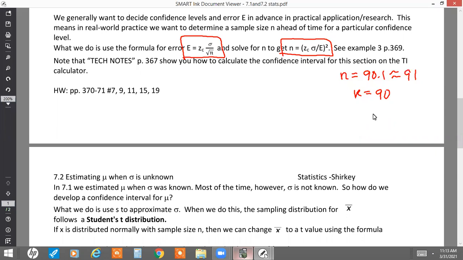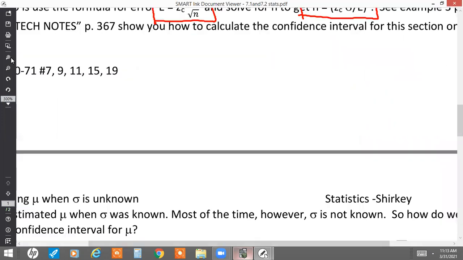All right, so let's take a look at an example. I'm going to use the data from that same problem that we just did. I'm going to zoom in a little bit here. There we go. So again, this is number 18 on page 371.